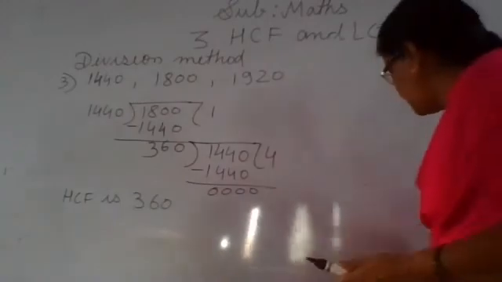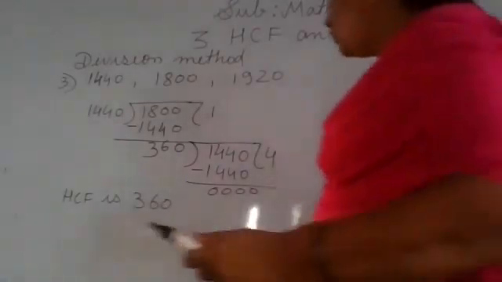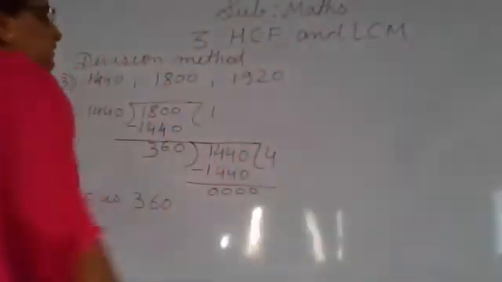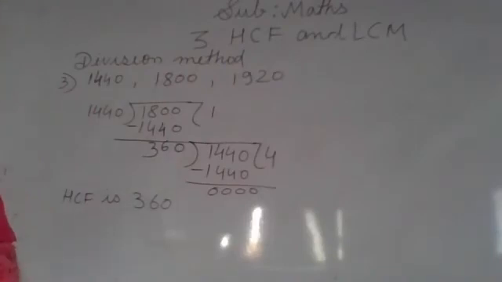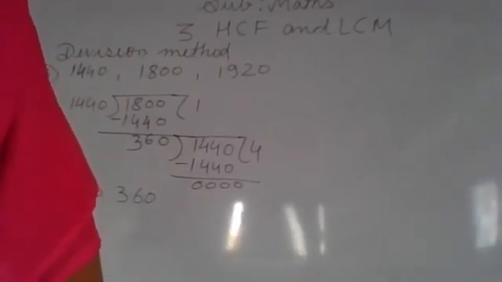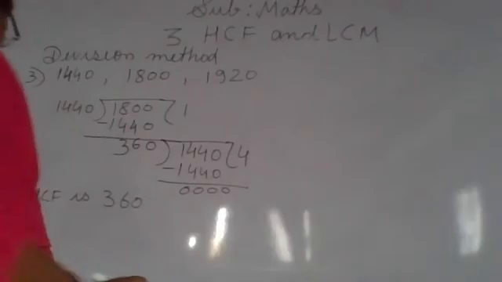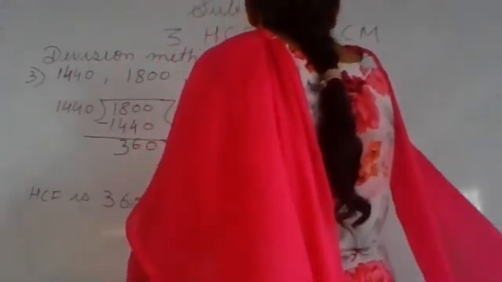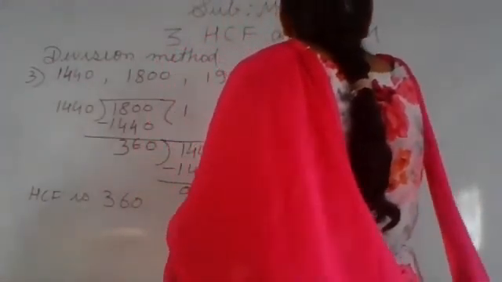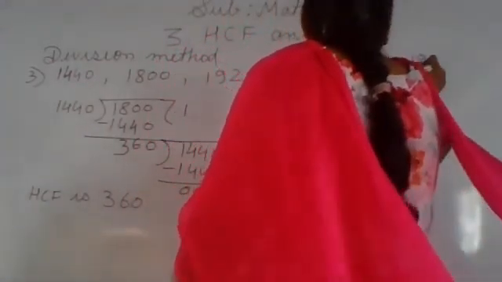Don't wait for me. So take this HCF and the third one, 1920. Now HCF of 360 and 1920.